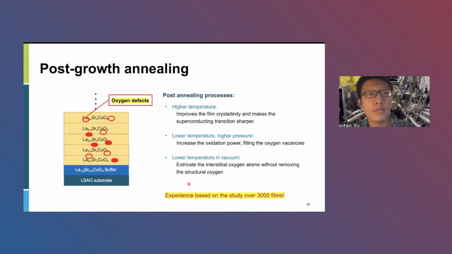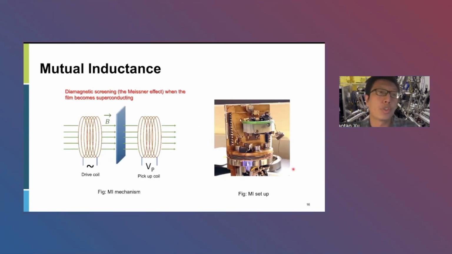Okay, so this is pretty much everything about the growth. Next, I would like to briefly introduce how we characterize our films. We use mutual inductance to characterize the superconductivity of the grown film. The mechanism of the mutual inductance is shown in the left panel.